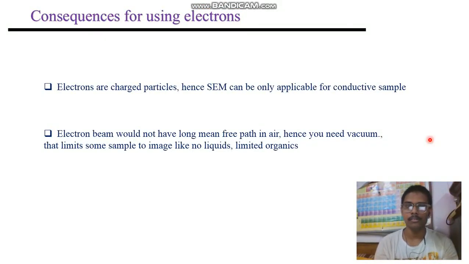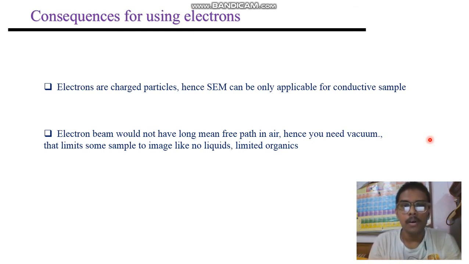That's called the consequence of using electrons. Electrons are actually charged particles, so SEM can only be applicable for conductive samples. If you have a non-conductive nanomaterial, you can't do that. That's why in the form for SEM, they ask whether your sample is conductive or not.